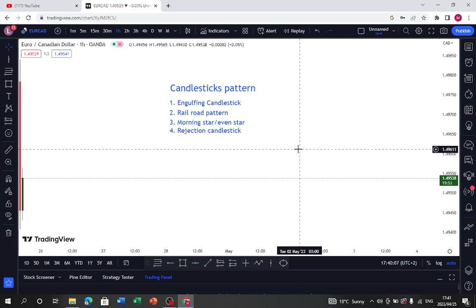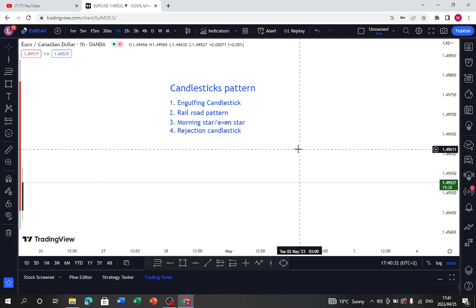The first one is gonna be an engulfing. If we want to buy the market, we're gonna look for a bullish engulfing. If we are selling, we're gonna look for a bearish engulfing at points of interest, support and resistance, or supply and demand zones.